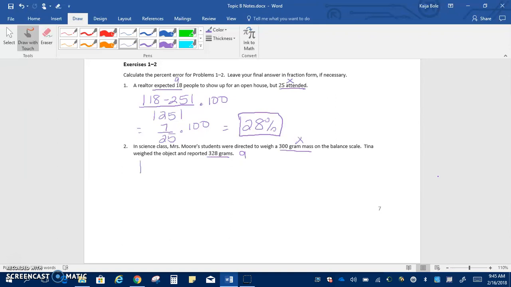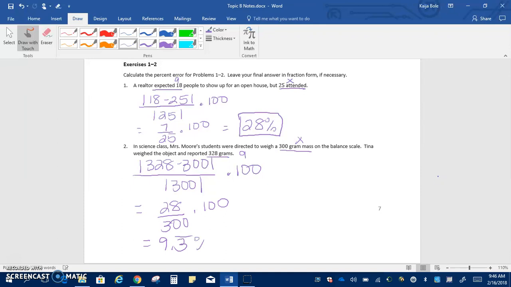And so we're going to have 328 minus 300 in absolute value over the absolute value of 300, and times 100. So we end up with 28 over 300, then times 100, which gives you 9.3 repeating percent.